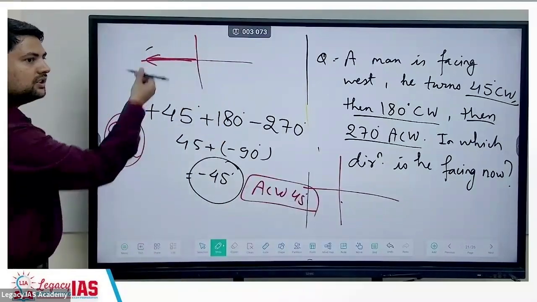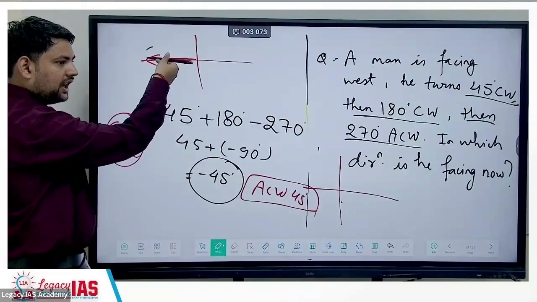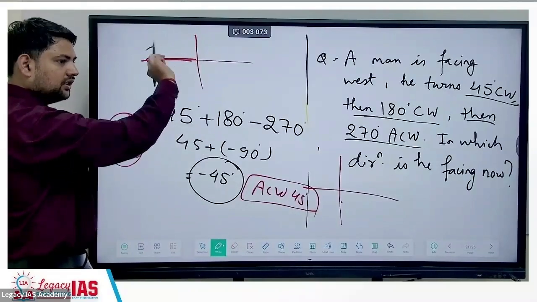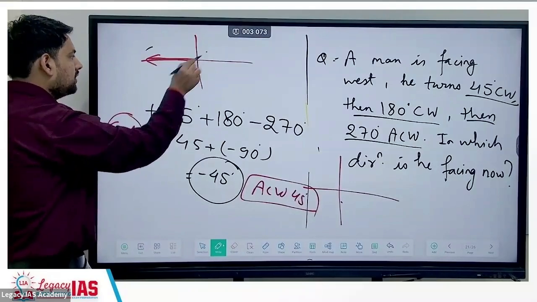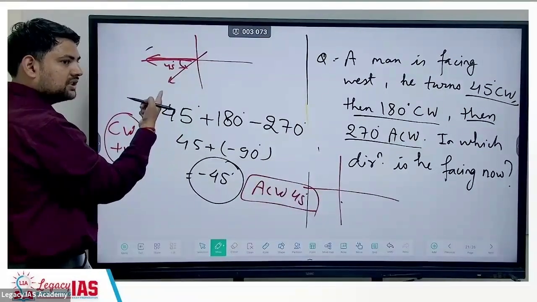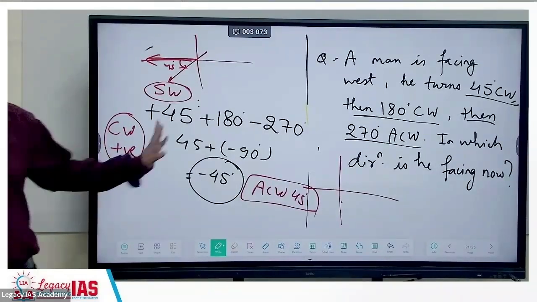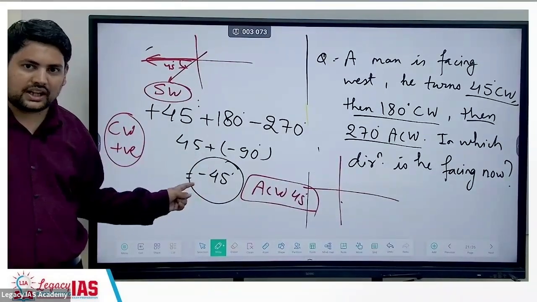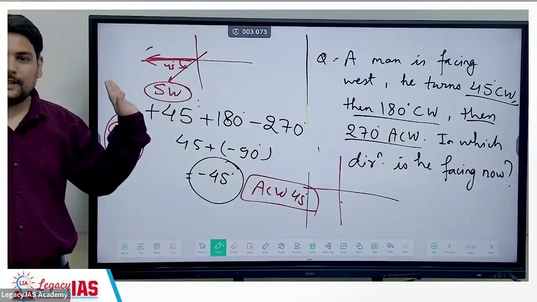So simply sit on west and rotate it anti-clockwise 45 degree. Here, anti-clockwise would go like this. Understood? So go 45 degree like this. Where you will reach? Here. This is anti-clockwise 45 degree. What is this direction? Southwest. The same answer. Got it? Instead of doing all that, what you do, plus minus, reach a result, see the sign, and just do that much. Understood?